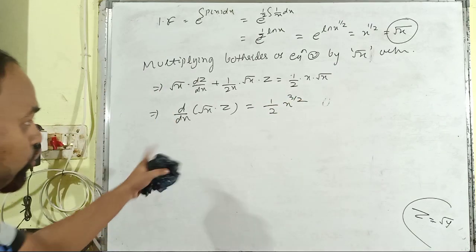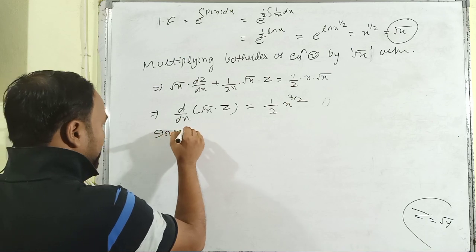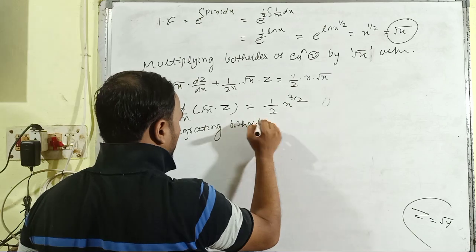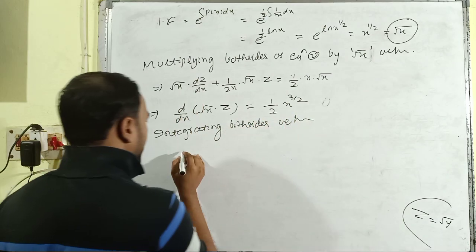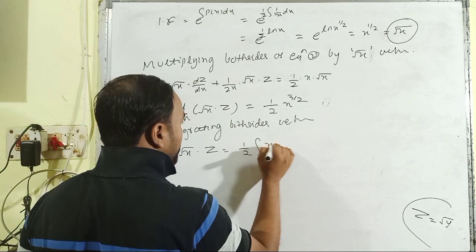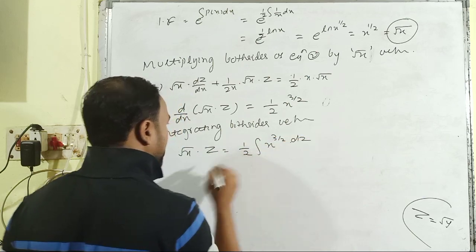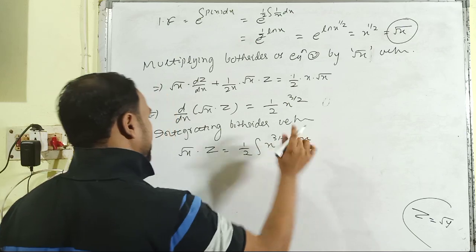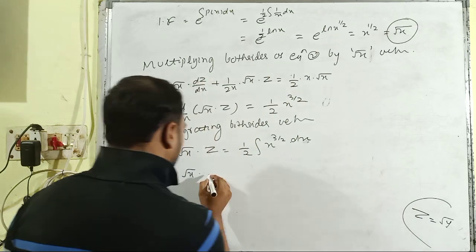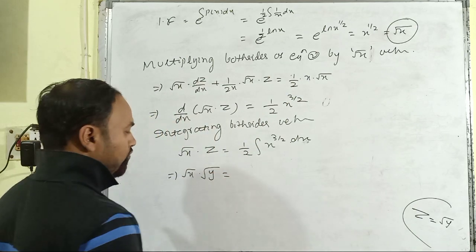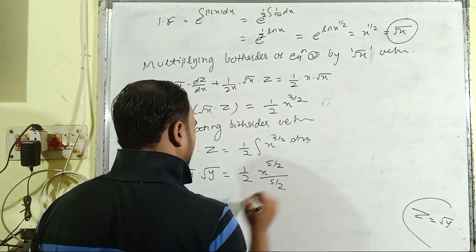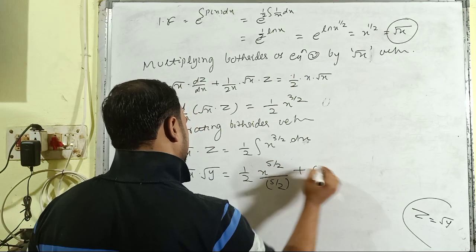Then we have to integrate both sides. Integrating both sides, we have square root of x multiplied with z is 1 upon 2 integral of x to the power 3 by 2 dx. Then it is square root of x, the value of z here is square root of y, let us put it, then it is 1 upon 2 x to the power 5 by 2 divided by 5 by 2 plus any constant c.